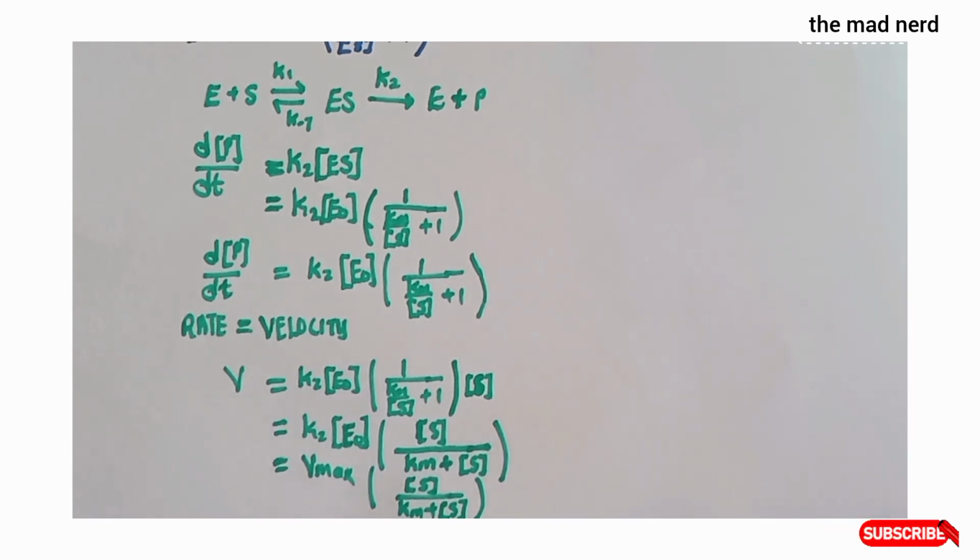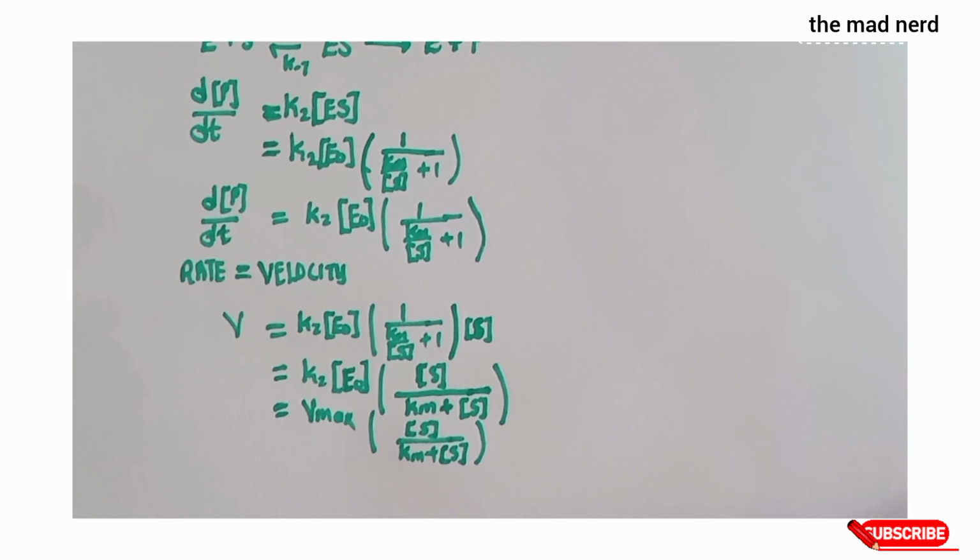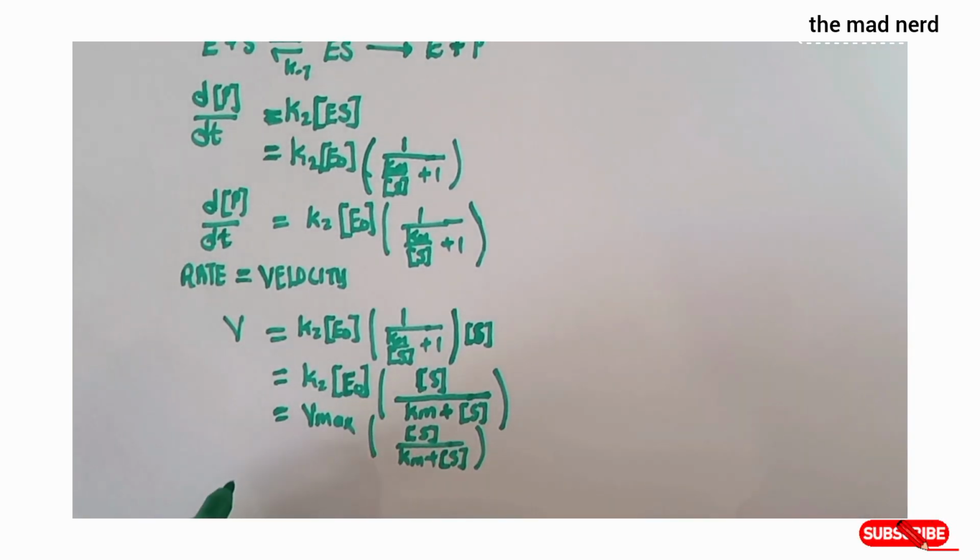Now write it a little bit neater and say V. Don't forget that we say the rate is equal to V. So V is equal to Vmax, and into the brackets we have the concentration of S over Km plus the concentration of S.